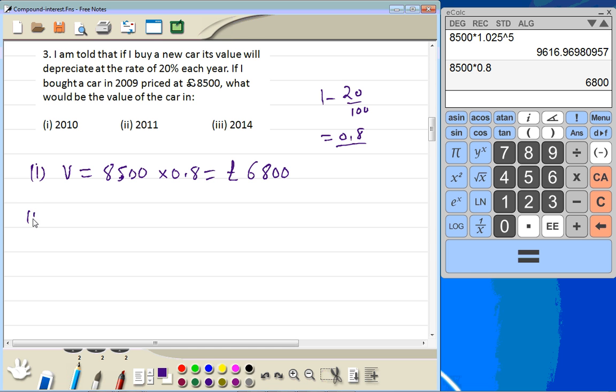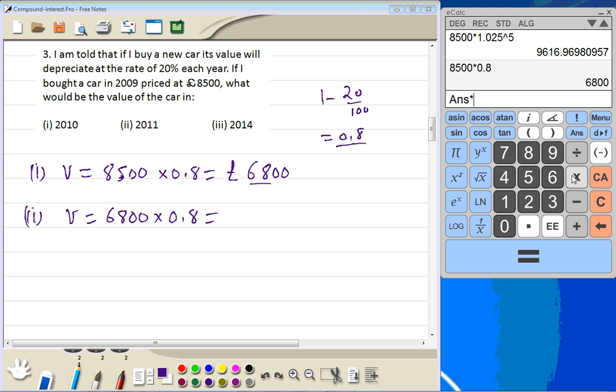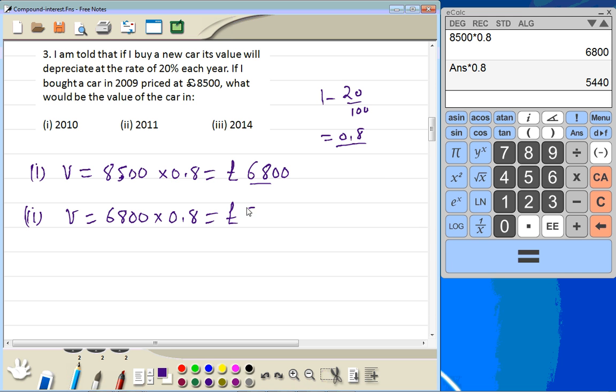Then after 2 years, whatever values after 1 year, then you multiply that by 0.8. So because we got the number there, the answer, we just say times 0.8, and we get 5,440. 2014, that makes it 5 years. Now we can use the formula.